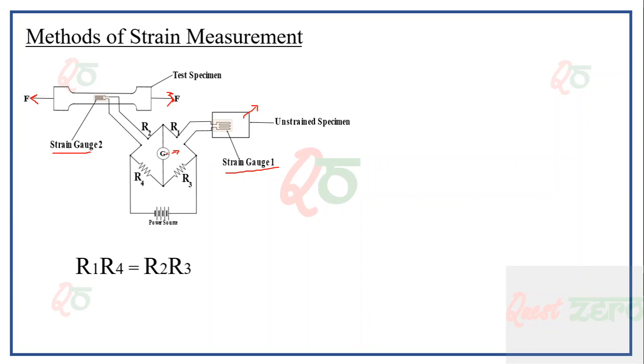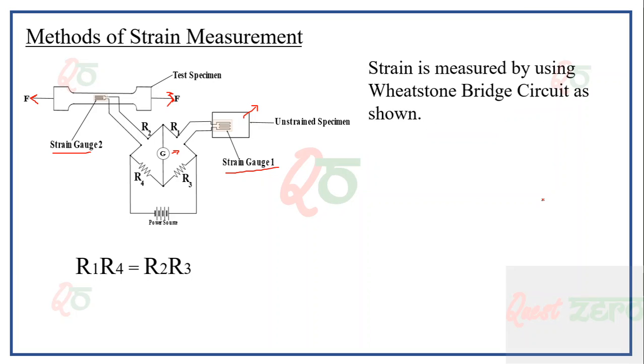This galvanometer reading will give you a direct relation to the amount of change in the resistance R2, and hence the amount of deformation of the test specimen.